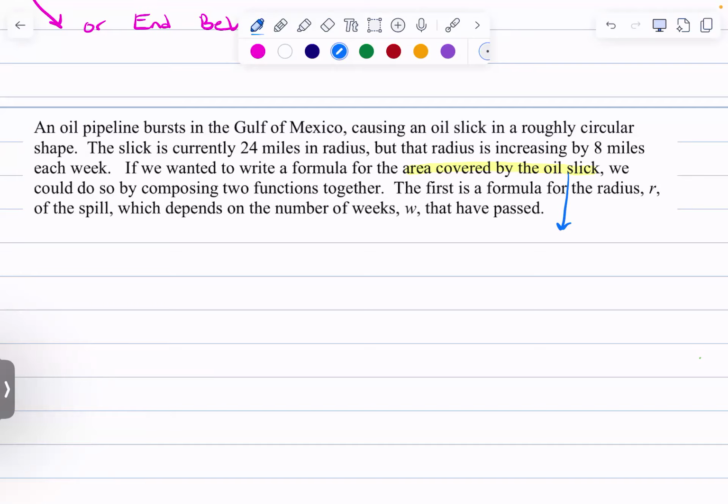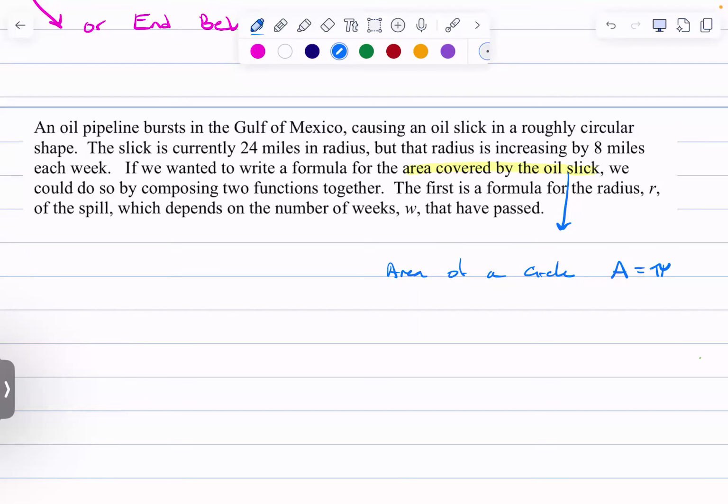It's implied that it's in a roughly circular shape, so we need to remember the area of a circle. The area of a circle, let's call it A, is pi r squared.